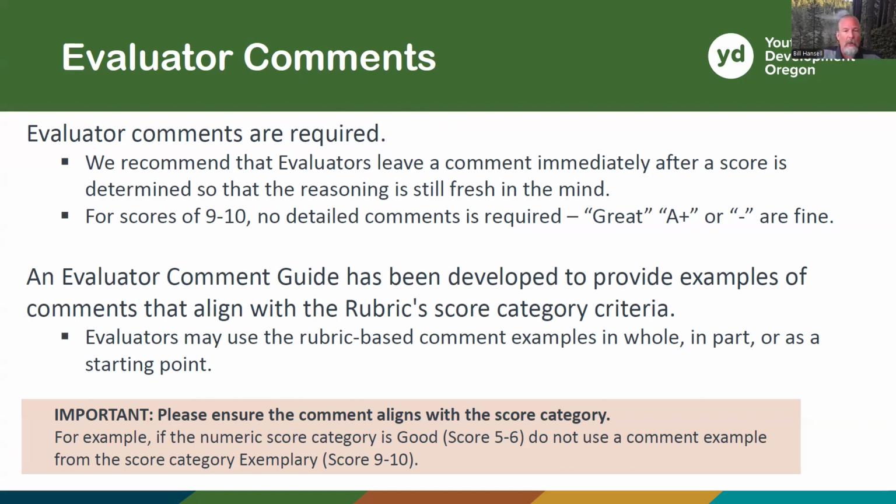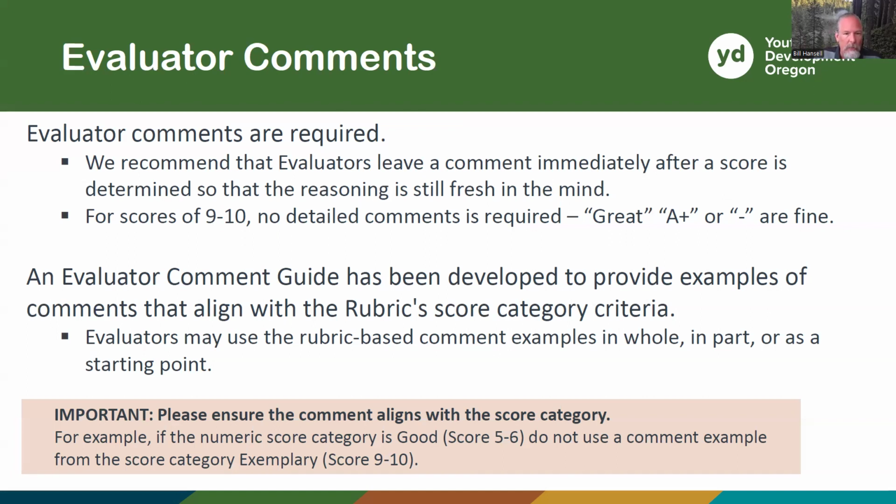And an evaluator comment guide has been developed to provide examples of comments that align with the rubric score categories. We've developed this as an assist and hopefully a helpful tool for evaluators with some examples of comments. This will be provided in a document that they can be copied and pasted from if that helps.